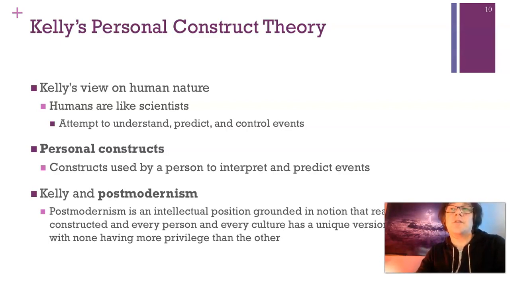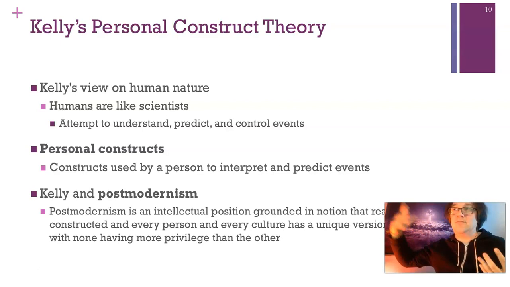So according to Kelly, all constructs are bipolar, meaning that they exist on a continuum. So you can think of happiness as existing on a continuum from severe depression or complete lack of happiness to, nirvana, I guess, right?